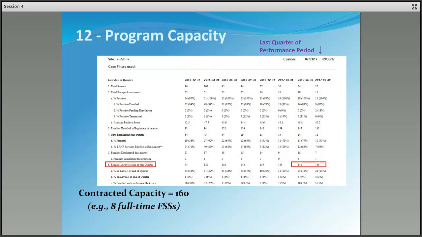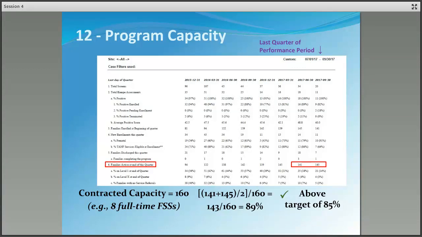Here, the program has 141 families active at the end of quarter 1 and 145 families active at the end of quarter 2, so an average of 143 families. 143 out of the 160 that they're contracted to have is 89%. So the program is above target, and they make this item.